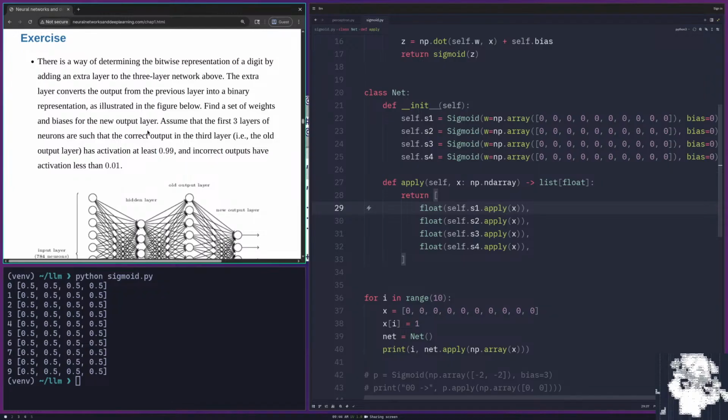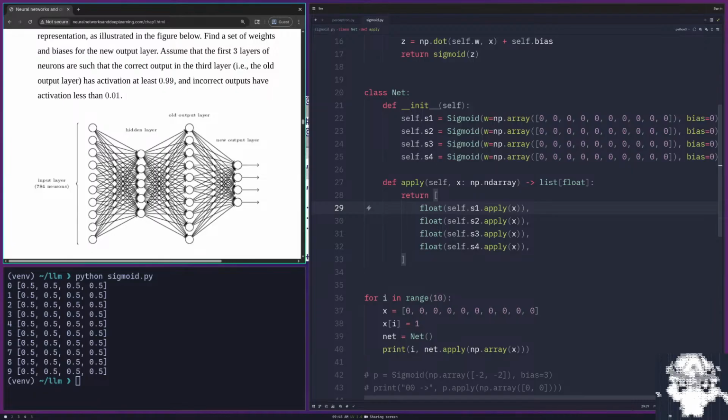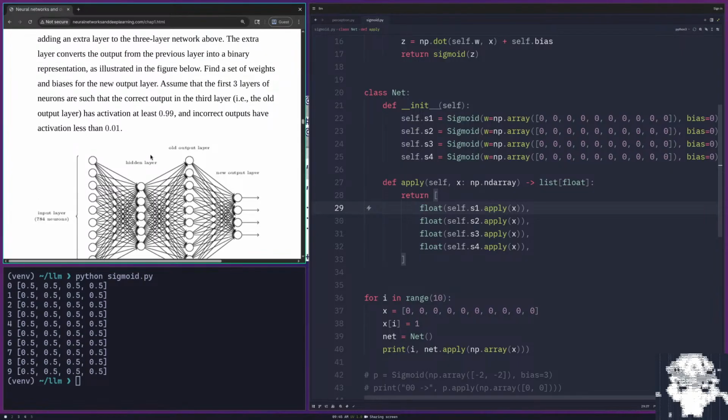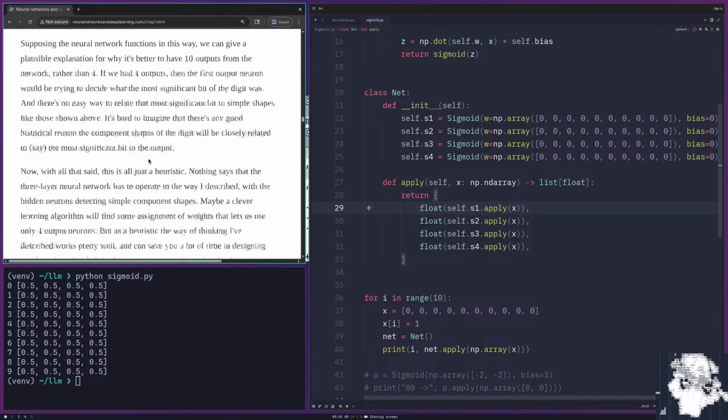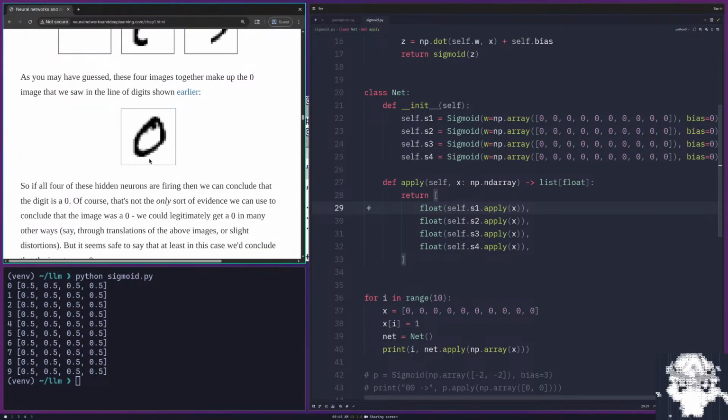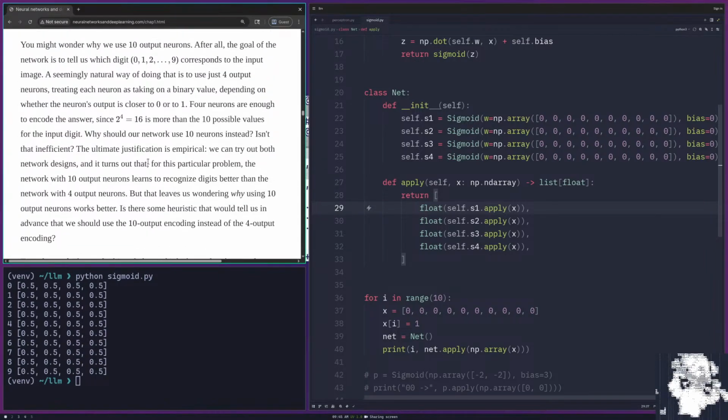All right, so obviously this is not working yet. So what am I allowed to have as my weights and my biases? Can it be any number, positive and negative?